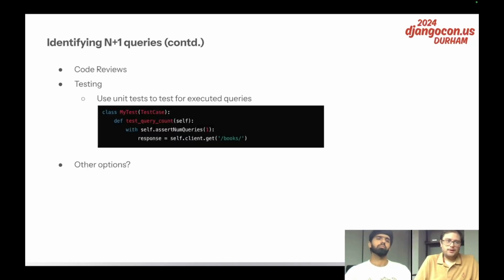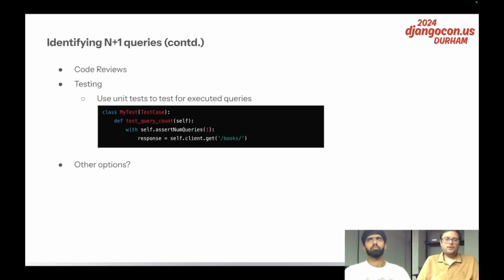Other ways of identifying this problem early in the stages are conducting detailed, thorough code reviews and writing unit tests. Unit tests are helpful because in Django we have the ability to write a unit test to check the number of queries, or to assert the query count, so we can tackle this issue in the early stages, before even deploying the changes to the production servers.